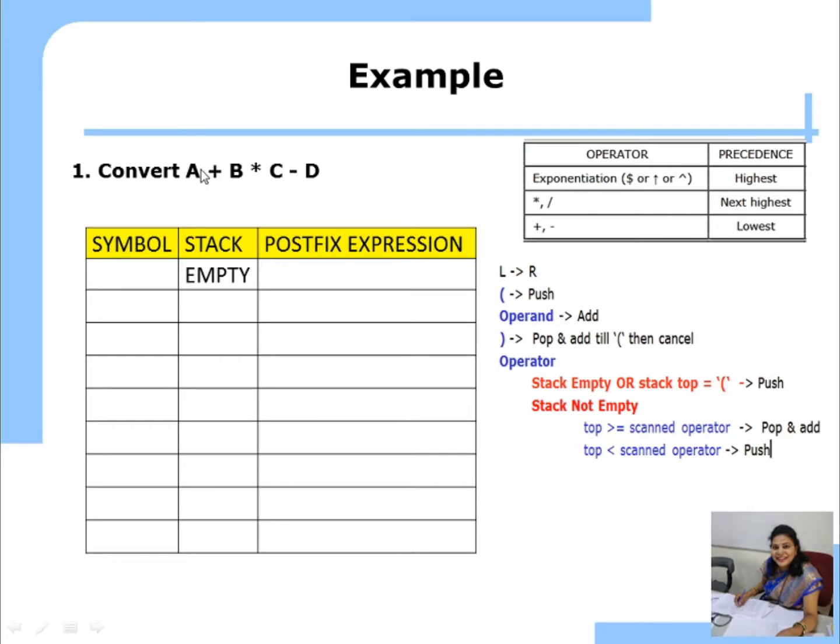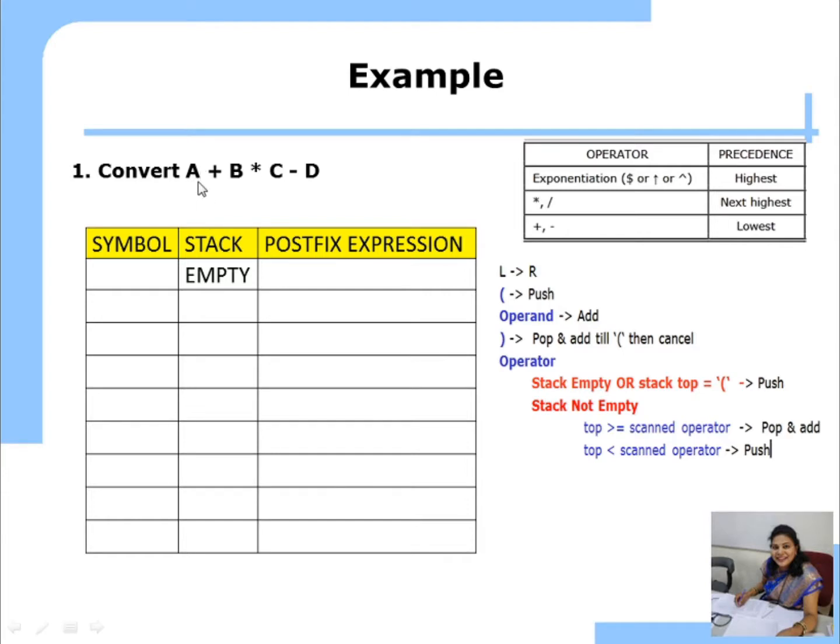Whatever we scan, we first check whether it is left parenthesis, right parenthesis, operand or operator. Initially the stack is empty, your output is also empty and your input is also empty. So start scanning this expression from left to right.